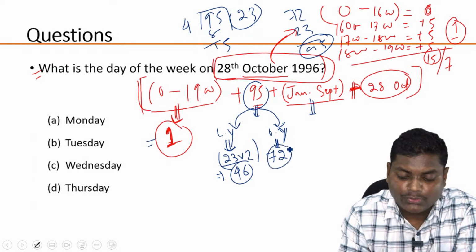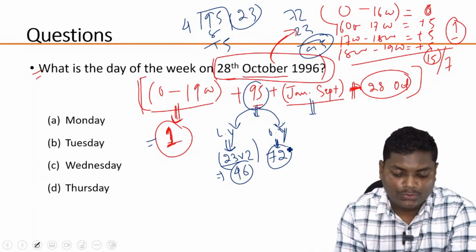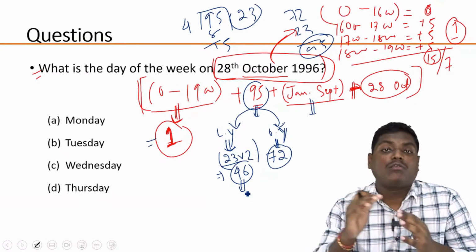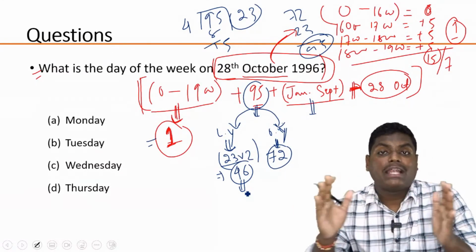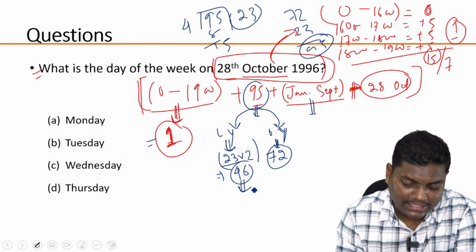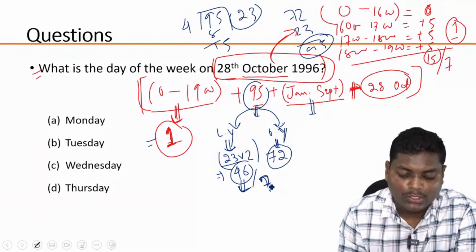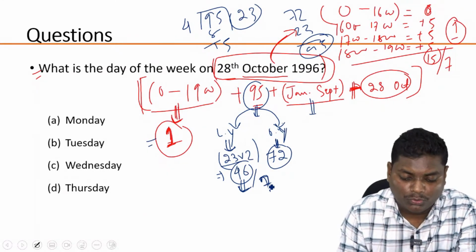And from 72 ordinary years, we'll be getting 72. Since we are solving it, it might seem hectic, but once you solve one or two questions, the concept and the logic behind it is very simple. So 46 divided by 7: what will you get? 4 sixes are 42, so 4 odd days.